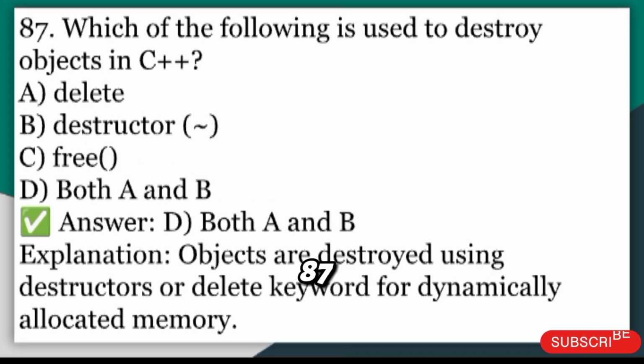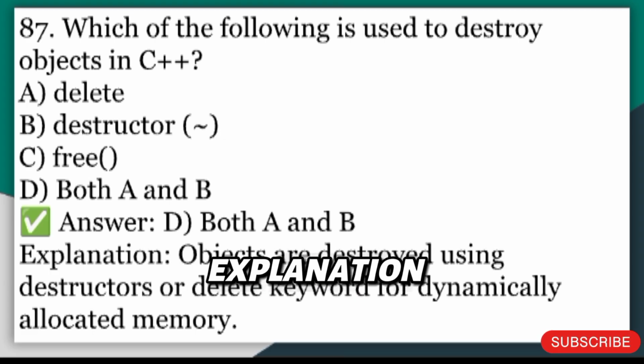Question number 87. Which of the following is used to destroy objects in C++? So the right option is D, both A and B, delete and destructor. Explanation: objects are destroyed using destructors or the delete keyword for dynamically allocated memory.